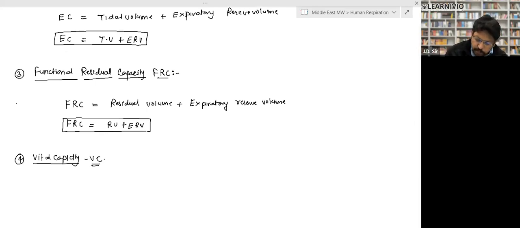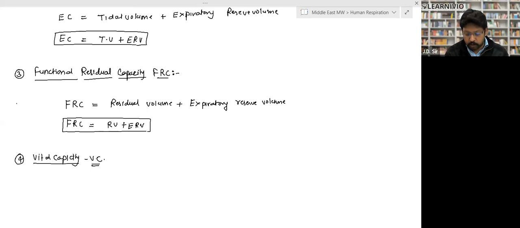The maximum volume of air a person can breathe out after a forceful inspiration.